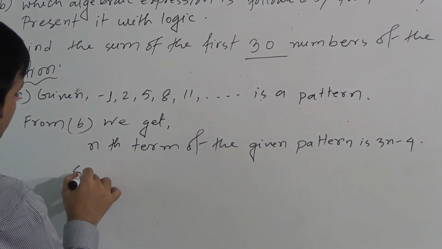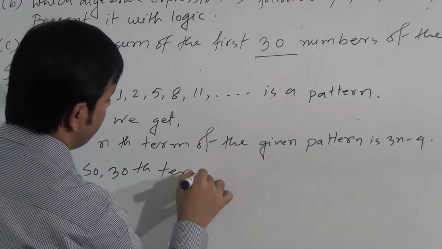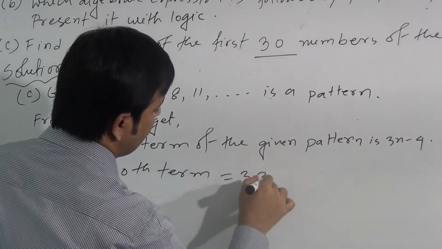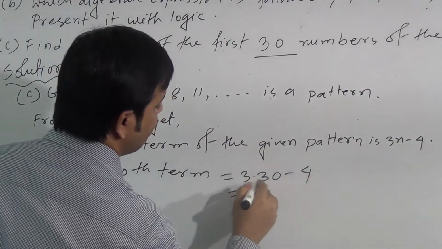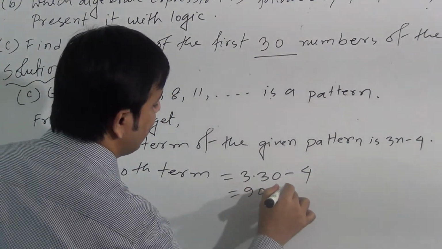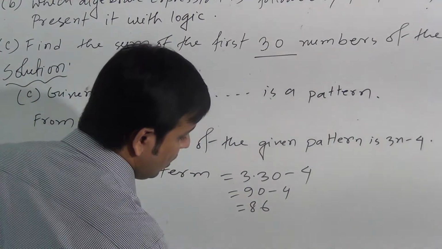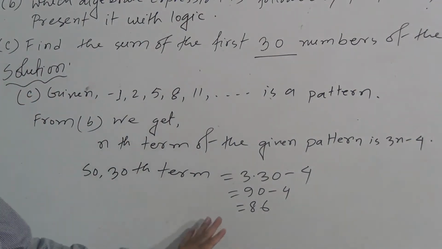So the 30th term equals 3 into 30 minus 4. This means 3 threes are 9, means 90 minus 4 means 86. Okay dear students, this is our 30th term.